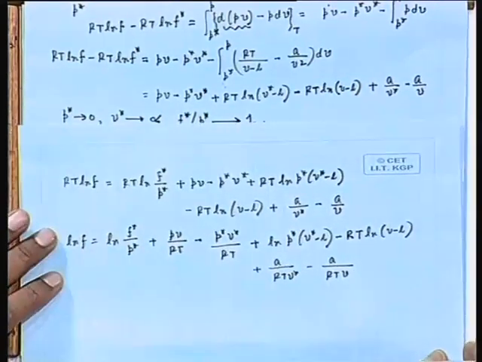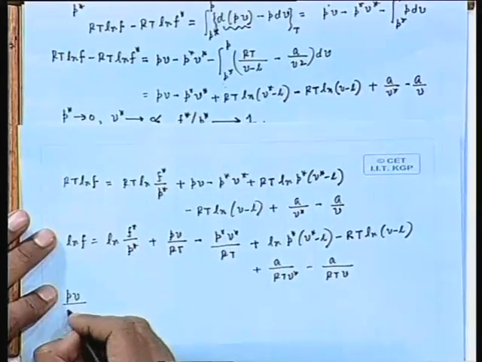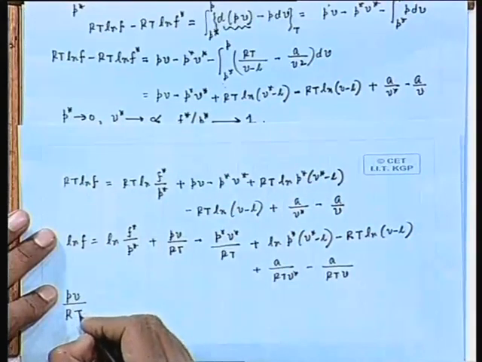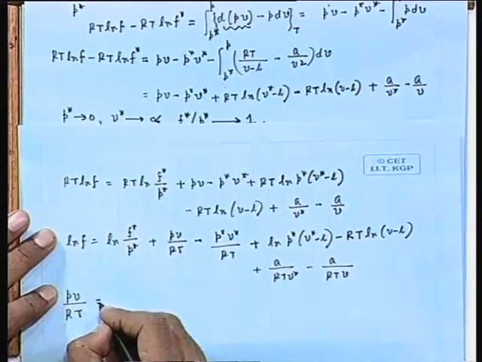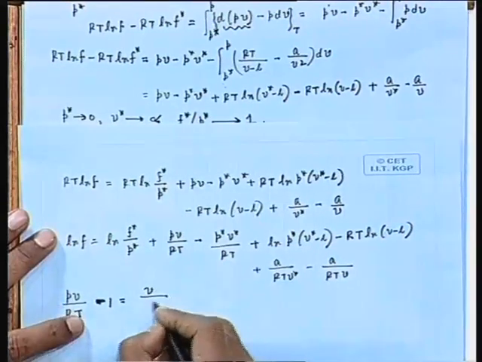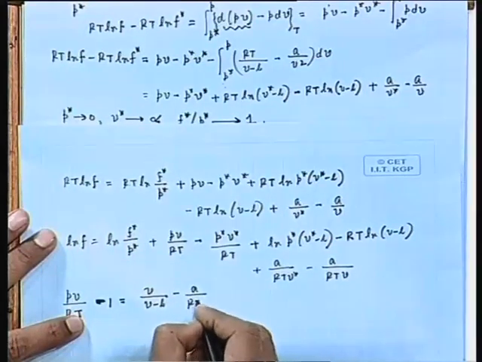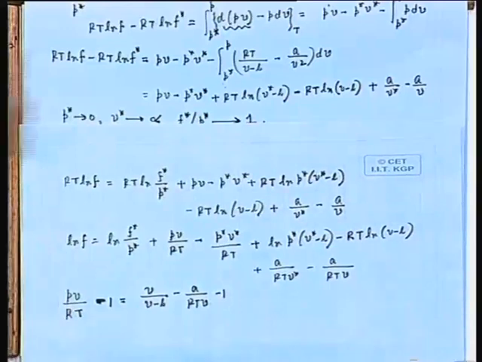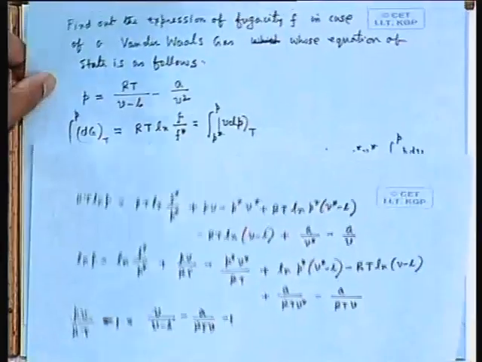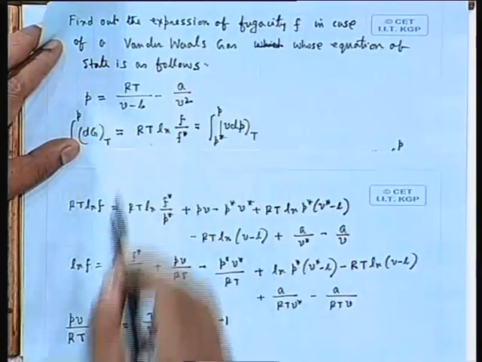Now we will use the equation of state in this fashion: the equation of state can be written as PV/RT minus 1 equals V/(V minus B) minus A/(RT V) minus 1. How do I get it? Just from the first slide, here, P is equal to RT/(V minus B) minus A/V².